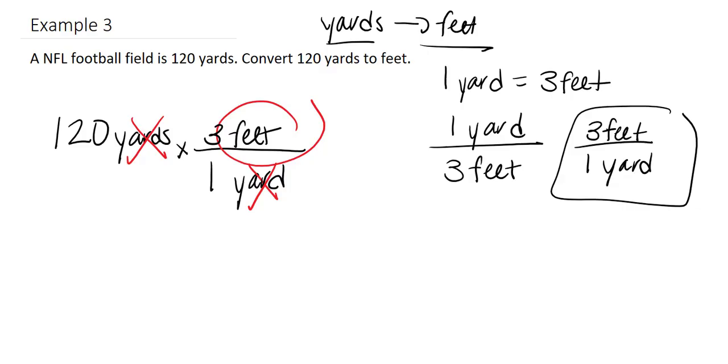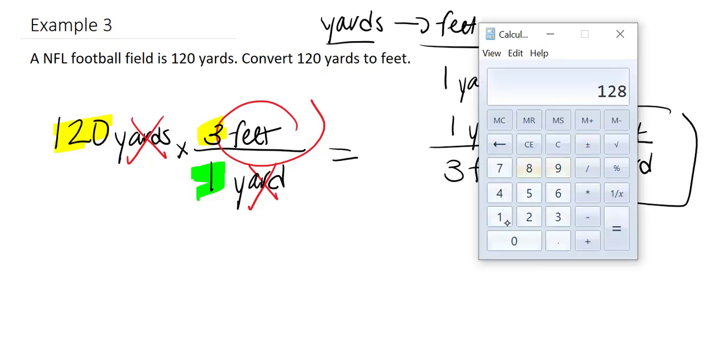Then we need to go ahead and multiply 120 times 3, and then we're going to divide it by the 1, so it'll just end up to be what it is. So let's get our calculators out. We can go ahead and clear this. 120 times 3 is equal to 360.